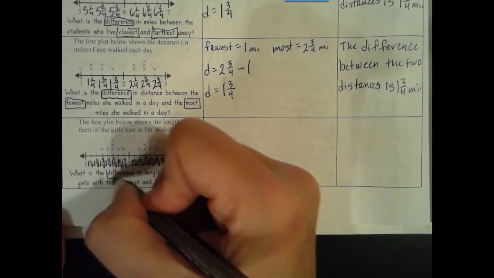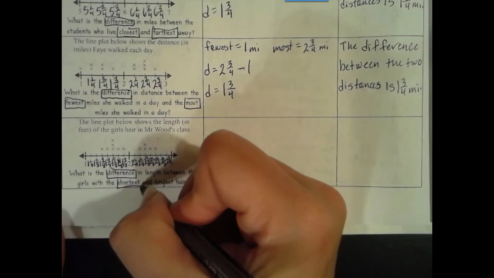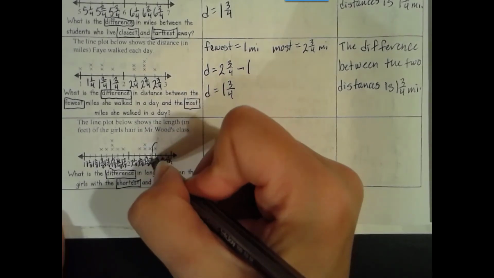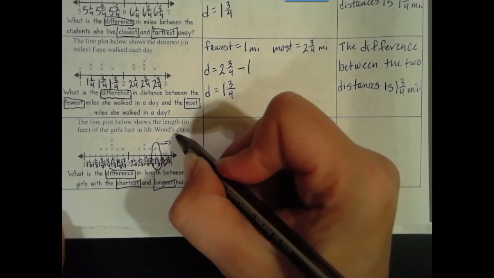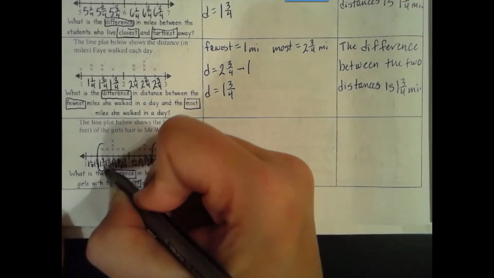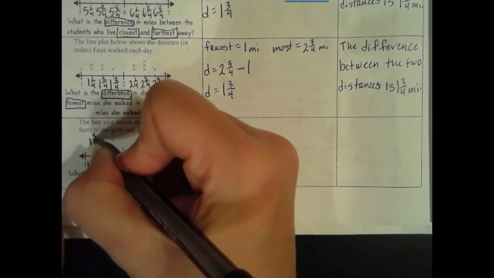So what is the difference in lengths between the girls with the shortest and longest hair? So longest, it's hard to see here, but that is 2 5/8. Shortest, if it's hard for you to see right there, is 1 3/8.